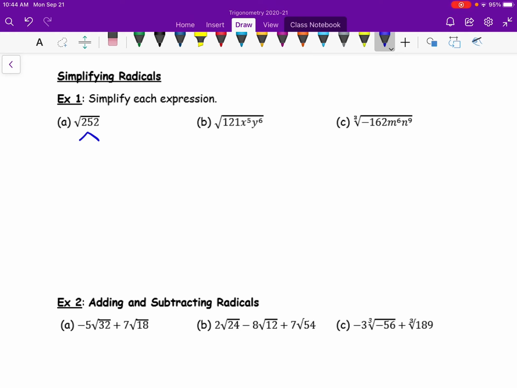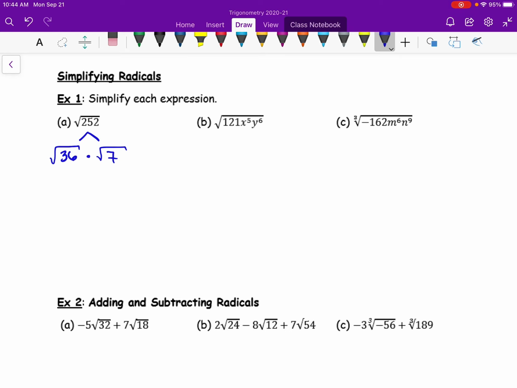Maybe 81. No, 81 doesn't. 64 doesn't. 49. And let's try 36. Perfect. 36 times 7 makes 252. So break it up, make them both square roots.